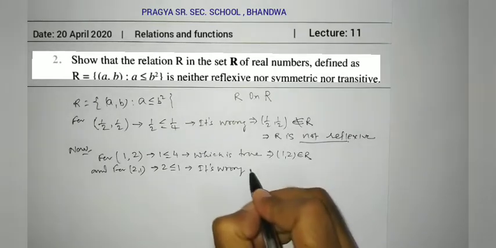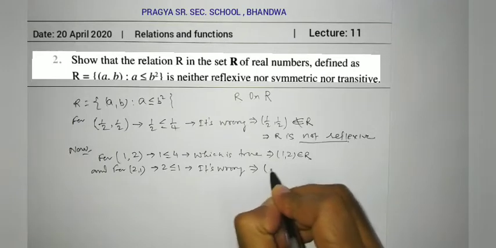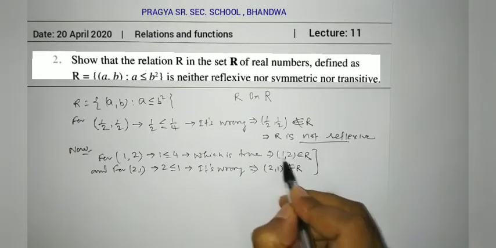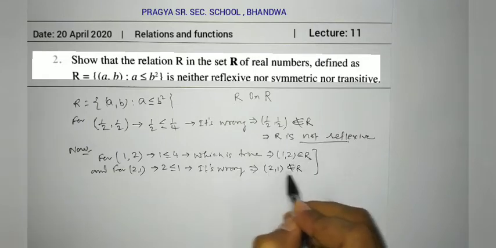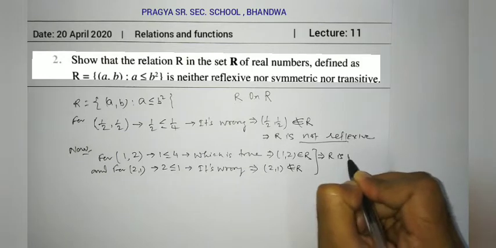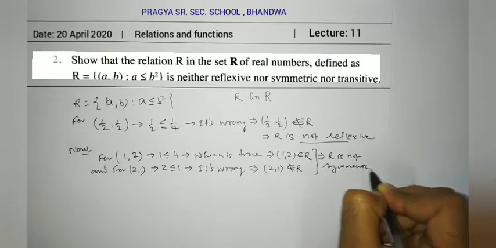Is it clear? So this implies (2, 1) does not belong to R. If (1, 2) belongs to R and (2, 1) does not belong to R, we can conclude R is not symmetric.